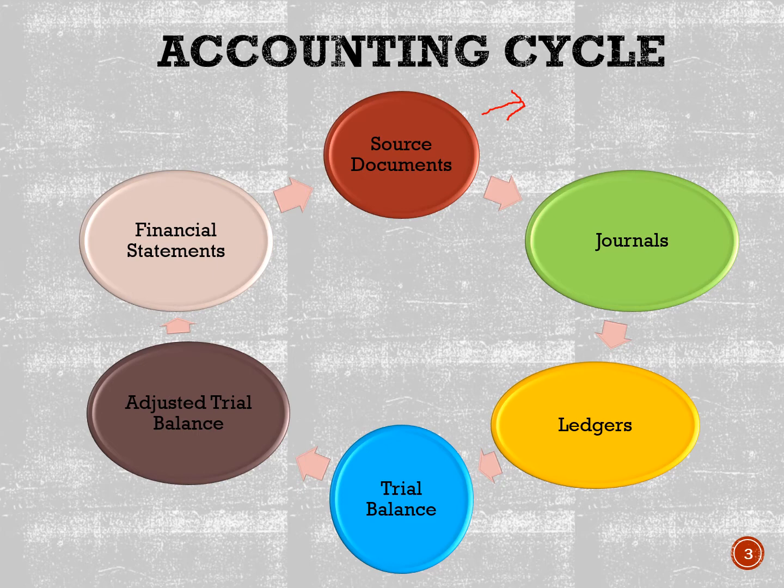Okay, next. After we have the source document, we will go to the journal. In the journal, we learned in chapter 4 the general journal. But in this chapter we will learn that there are actually 7 types of journal. So, these 7 types we will learn in this chapter. And ledgers.